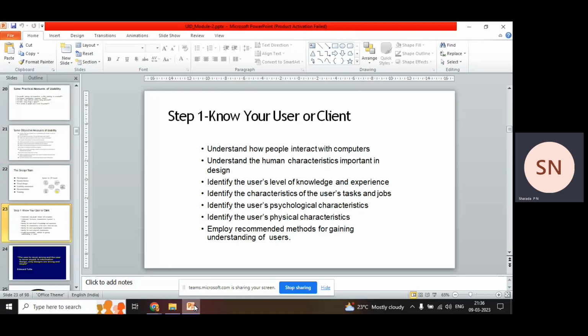Identify the user's level of knowledge and experience. Identify the characteristics of the user's need, task, and the job. Identify the user's psychological characteristics as well as physical characteristics. Employ recommended methods for gaining understanding of the user.